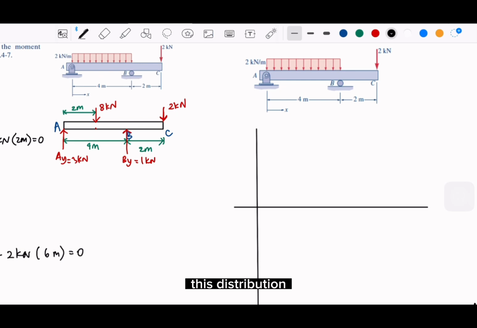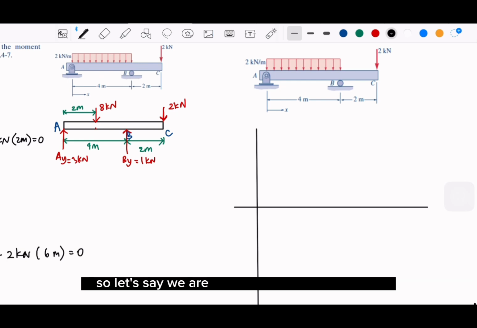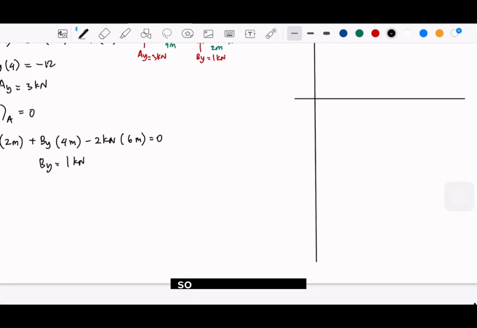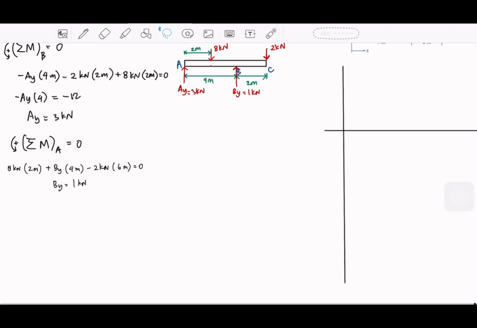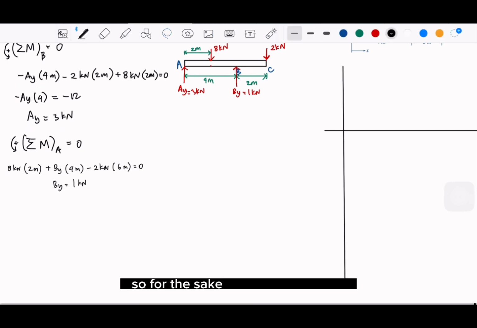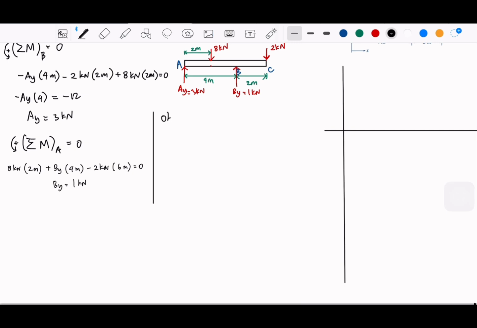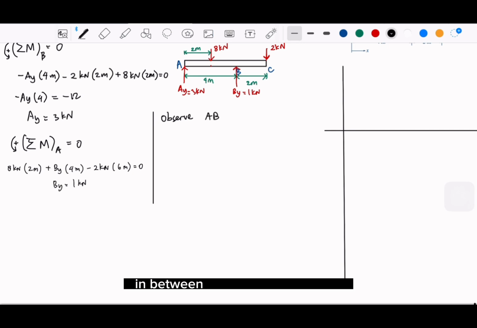Okay, so let's say we are going to take the segments. Let me draw here. Let me move this a little bit to the left. For the sake of our observations, let's observe AB in between.